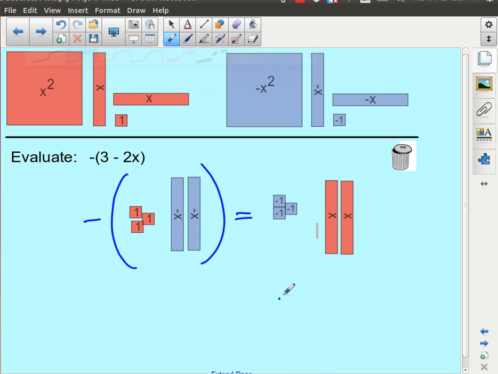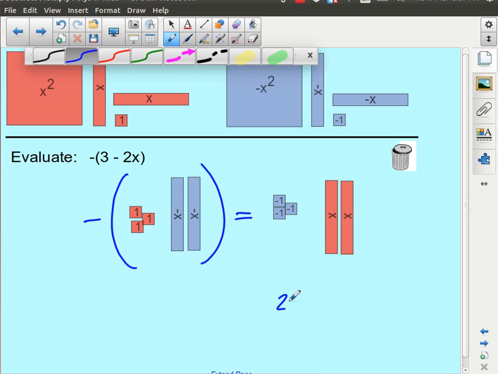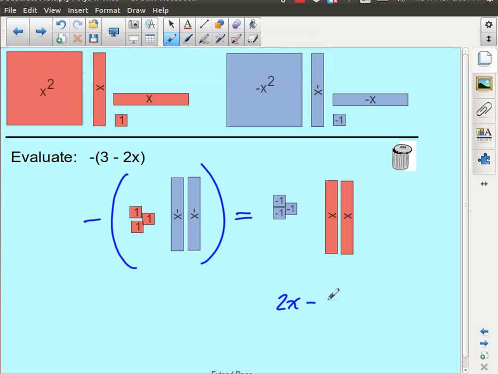This is 2 positive x's and negative 3. So the final answer of 3 minus 2x is 2x minus 3. You can see the negative 2x became positive 2x, the positive 3 became negative 3.